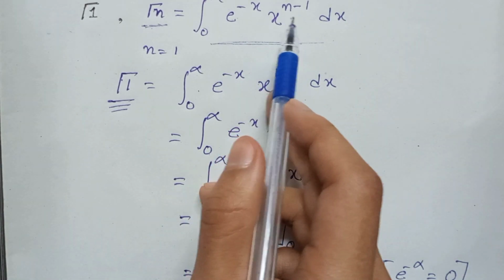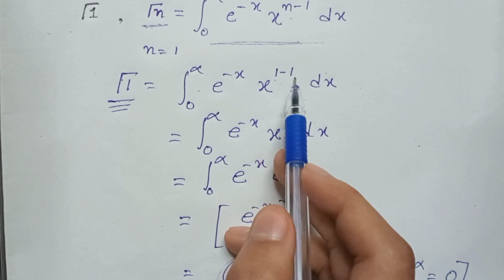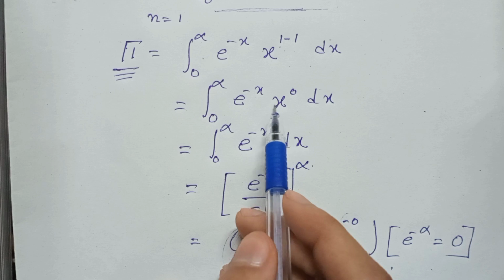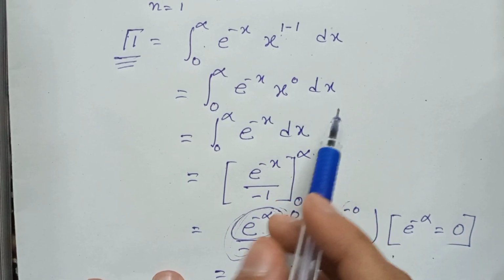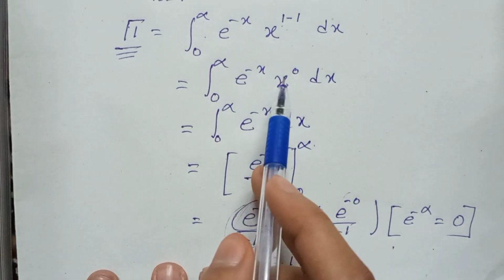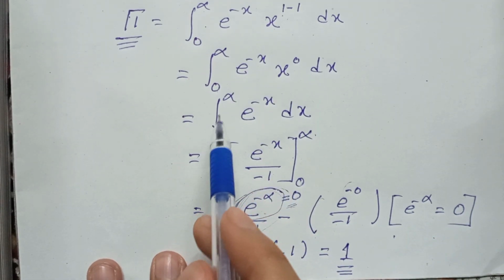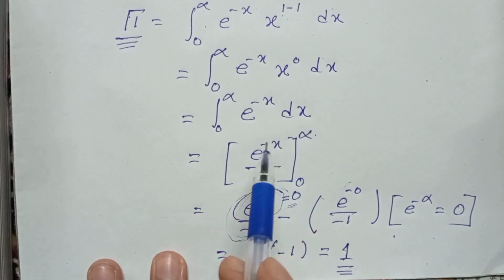Here it was n minus 1, so here it is 1 minus 1 which is equal to 0, so here it is e to the power minus x times x to the power 0 dx, and x to the power 0 means 1, so here it is the integration from 0 to infinity of e to the power minus x dx.